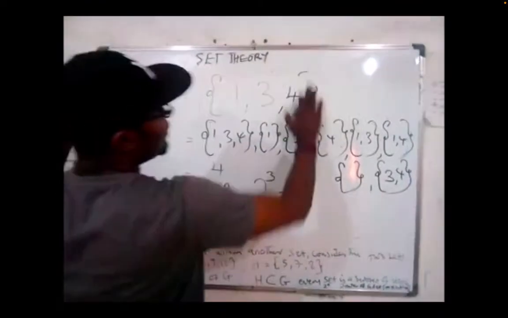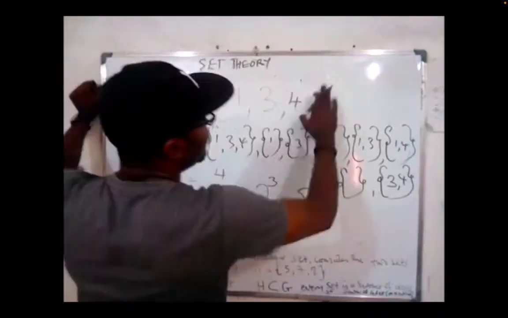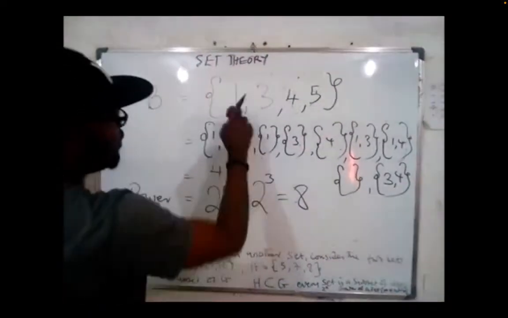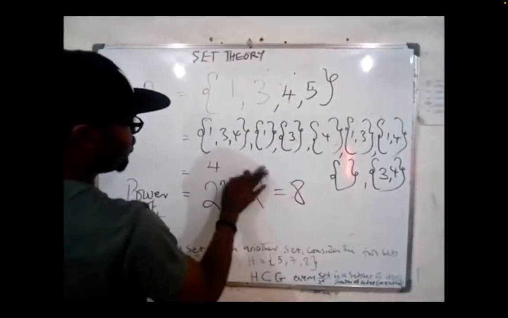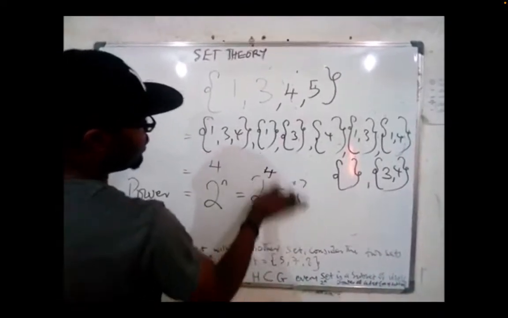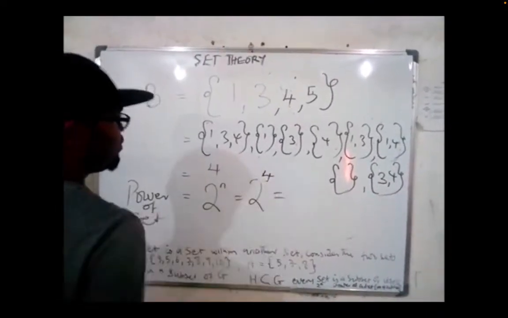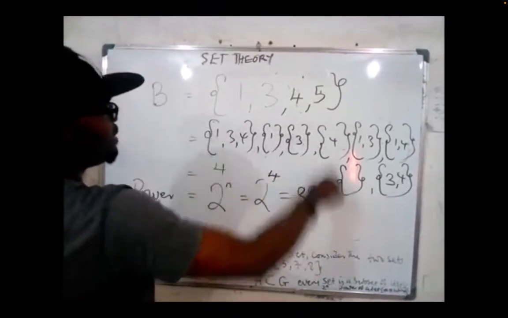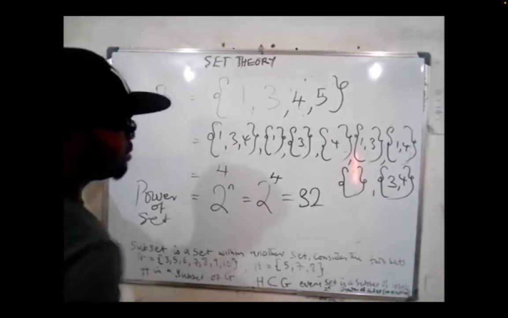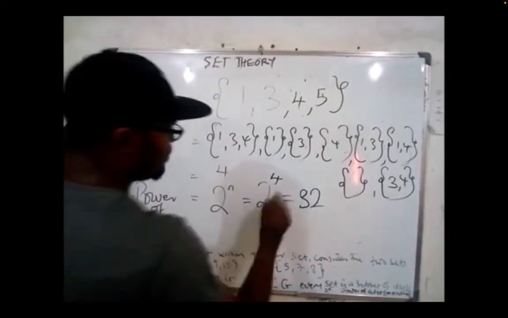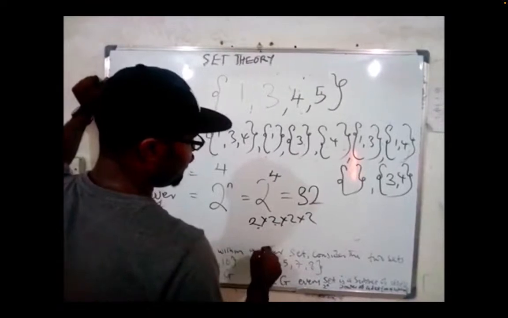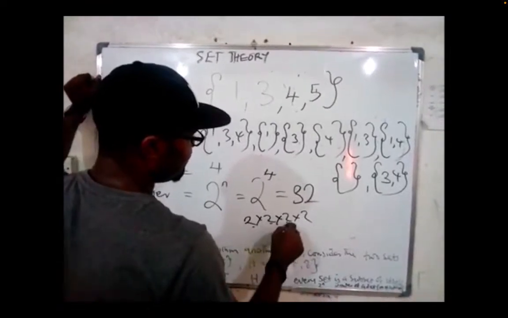Let's say now that we have 4 and 5 and other elements, and we are told to find the power of this set. It's going to be 1, 2, 3, 4 elements. So it's going to be 2 to power 4, which is what? 32? So 2 to power 4 is 2 times 2 times 2 times 2. 2 times 2 is 4, 4 times 2 is 8, 8 times 2 is 16.